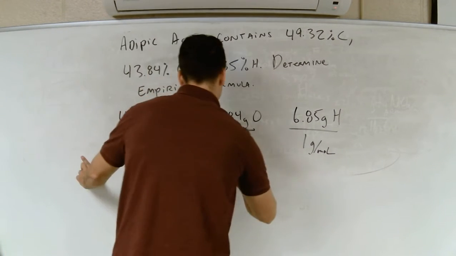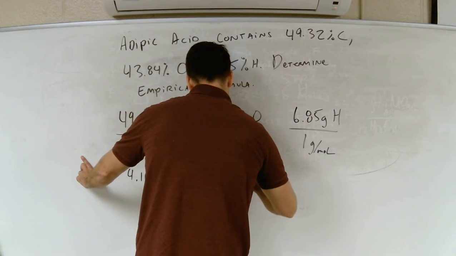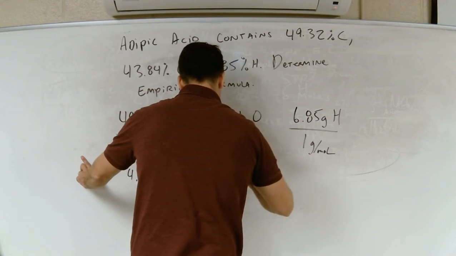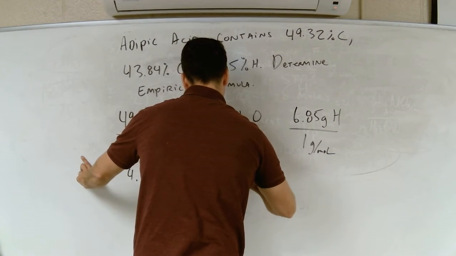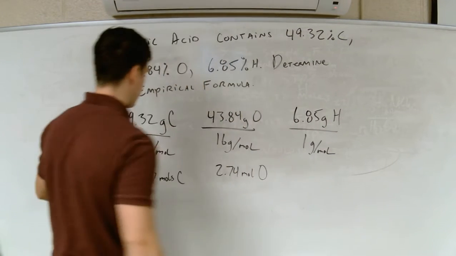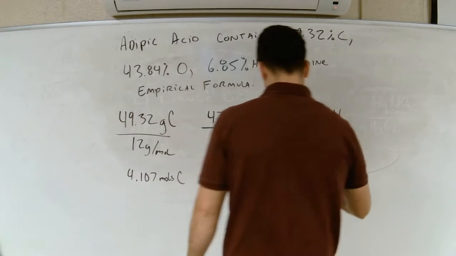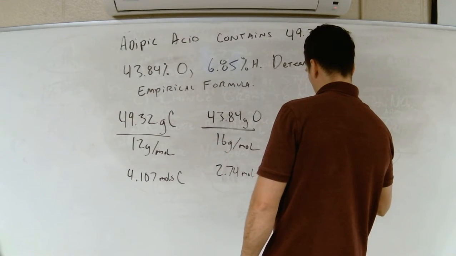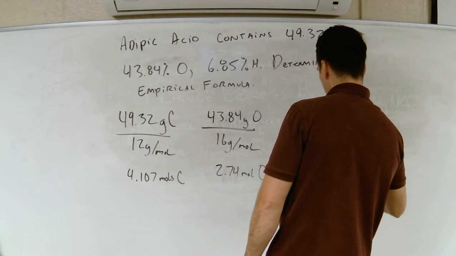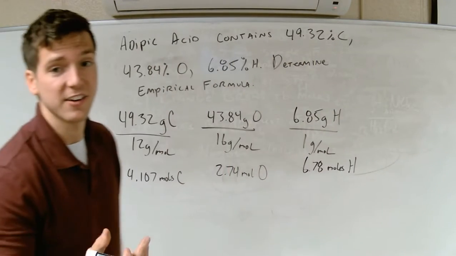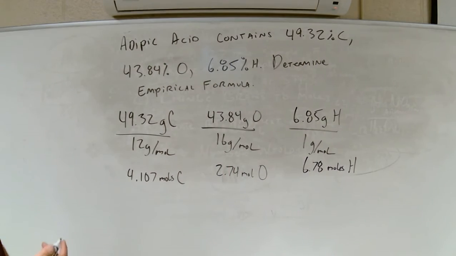I got 2.74 moles of oxygen, and I got 6.78 moles of hydrogen. Okay, so that was step 2.